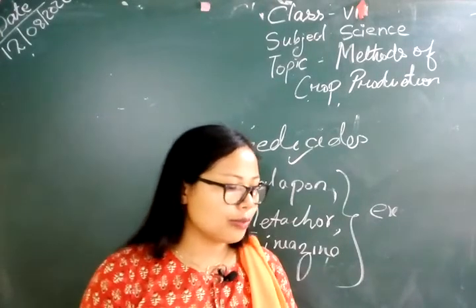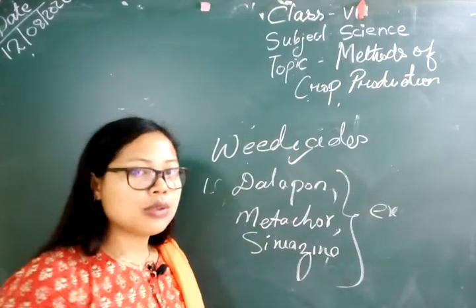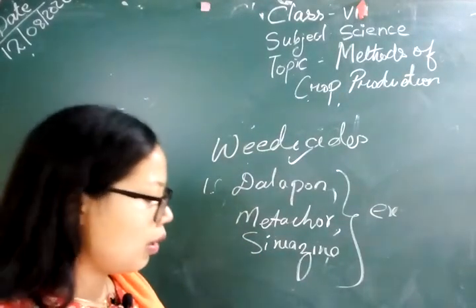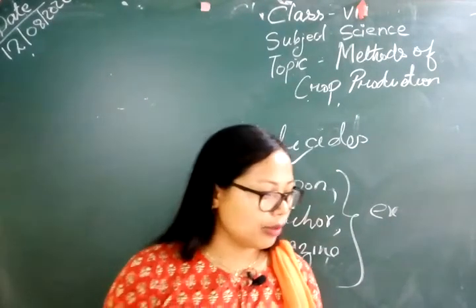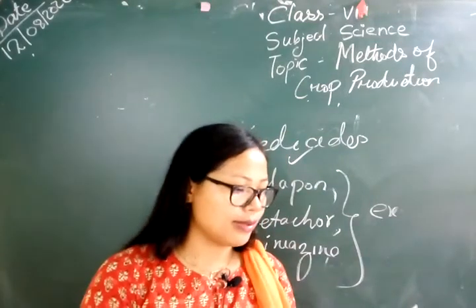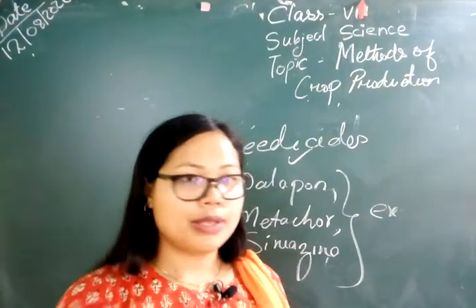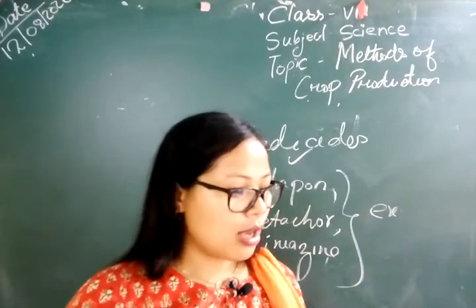Since they are poisonous, we should be careful to wash the grains properly before we eat. And then what else? Spraying may affect the health of farmers. Yes, because we already know that it is poisonous, so definitely it will affect the farmers.